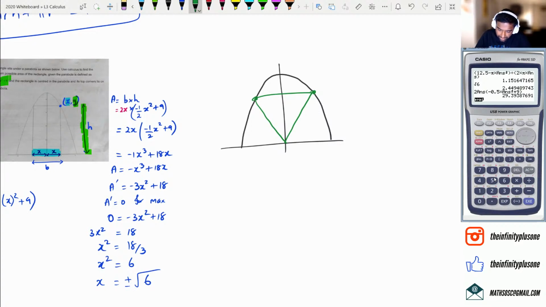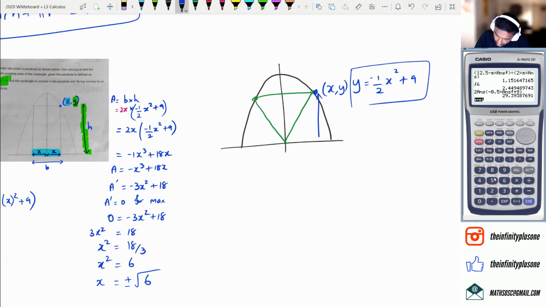Let's just imagine that this is the same curve that we're working with, negative half x squared plus 9. If you have an isosceles triangle, we're still going to do the same kind of idea behind it. We're still going to take one of the points here and call it xy.